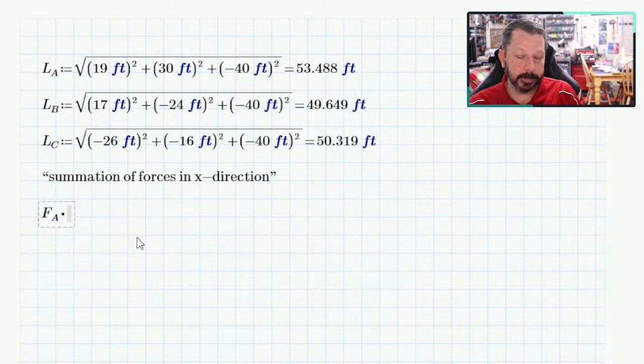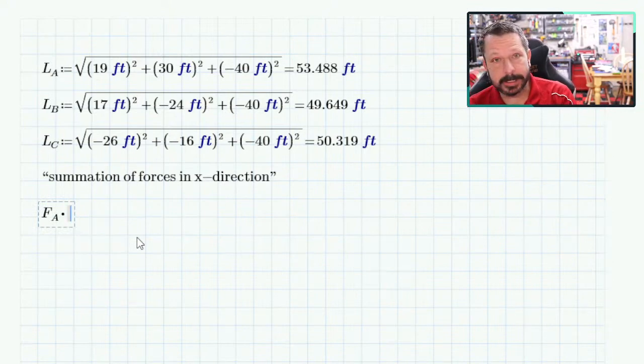So we would have the cosine of theta AX, for instance. But we also know that the definition of a cosine is the adjacent side over the hypotenuse. So we have the hypotenuse, length of A, length of B, length of C. And X is 19, 17, negative 26. Those are the X directions for each of those cables.